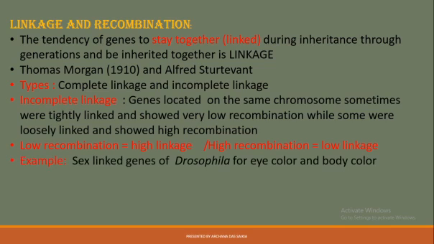Now, the most common example that we study to understand the concept of linkage is the sex-linked genes of Drosophila, which represent eye color and body color. Sex-linked genes means the genes which are physically located only upon the sex chromosomes.